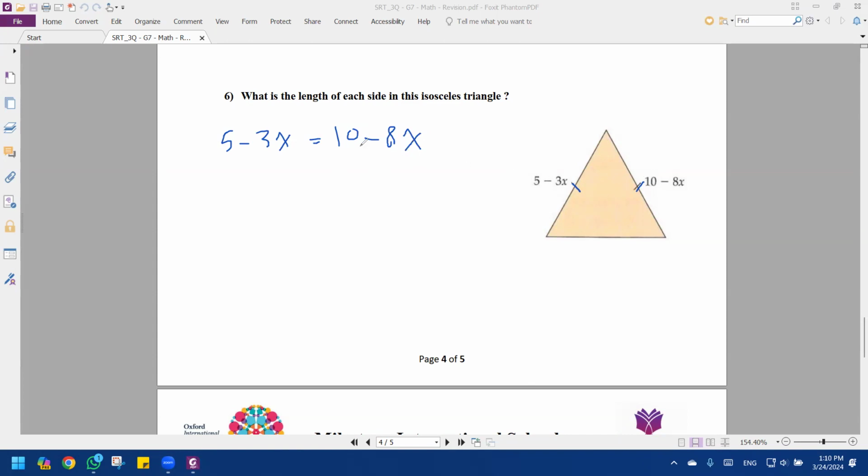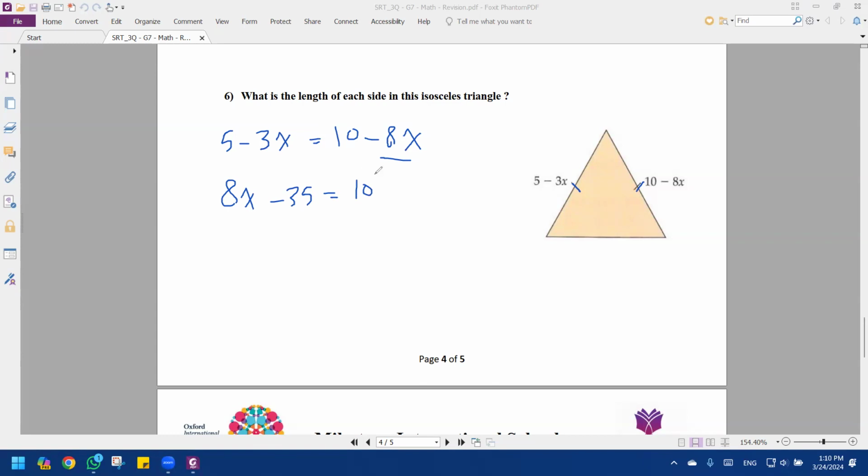As we said, we put letters on one side, numbers on the other side. Now, since in this equation the variable x is negative, this time we do the opposite. We move the bigger one. I will move this one to the left. When I move it, it will be positive 8x. And then I have minus 3x here. This is equal to, on the right side, I have 10.